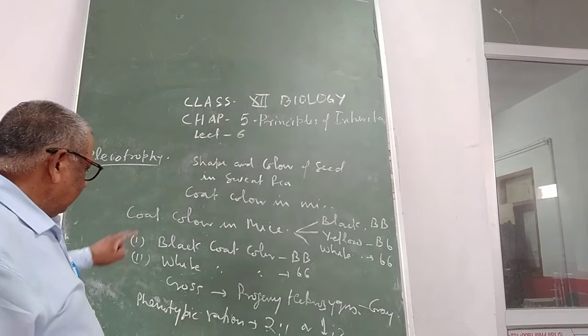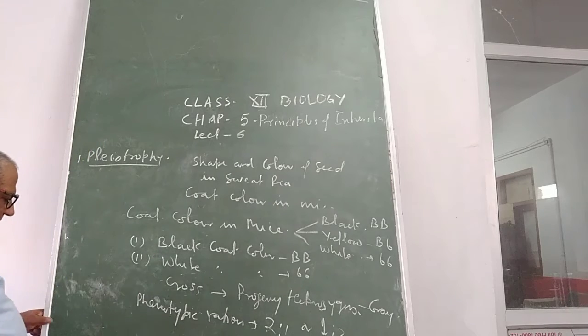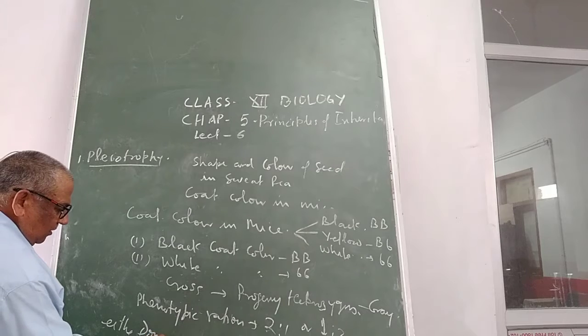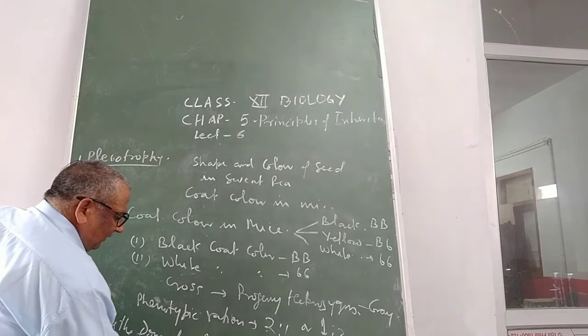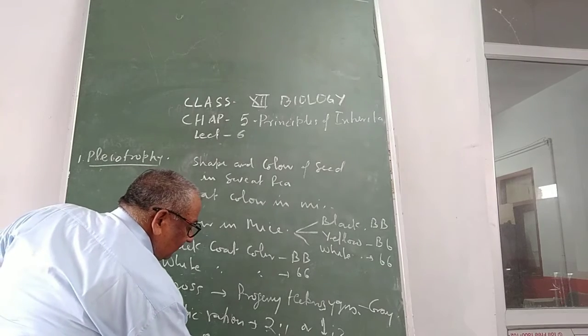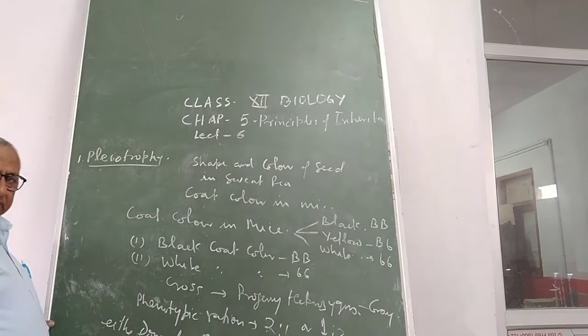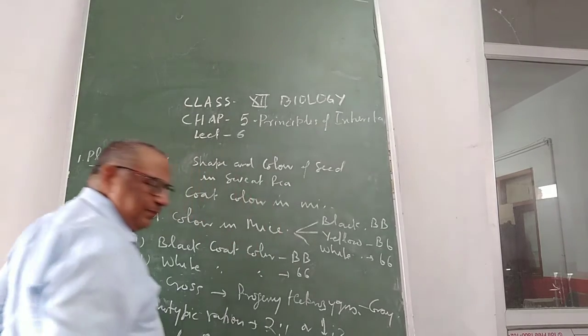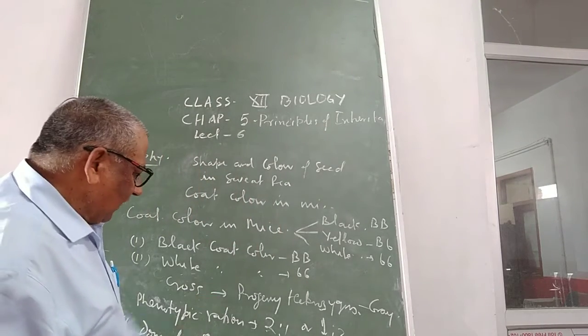It is seen in such a cross that either the dominant, having capital B gene, die before birth. Then the ratio will be 2:1 between the two colors.